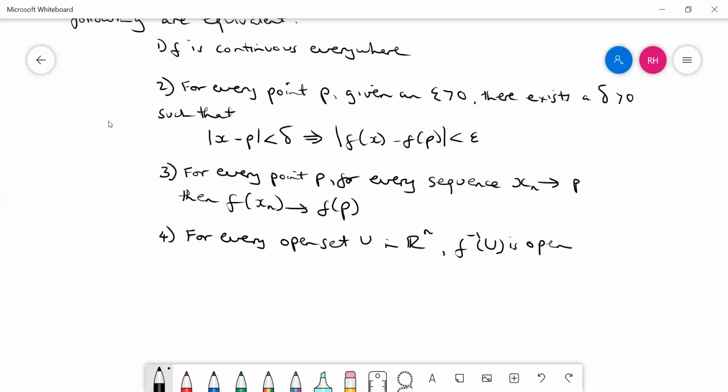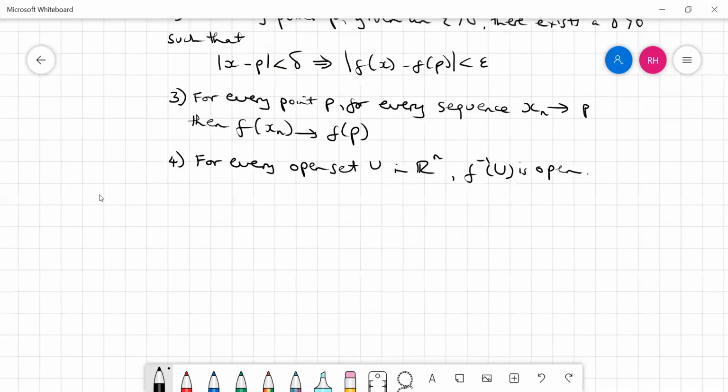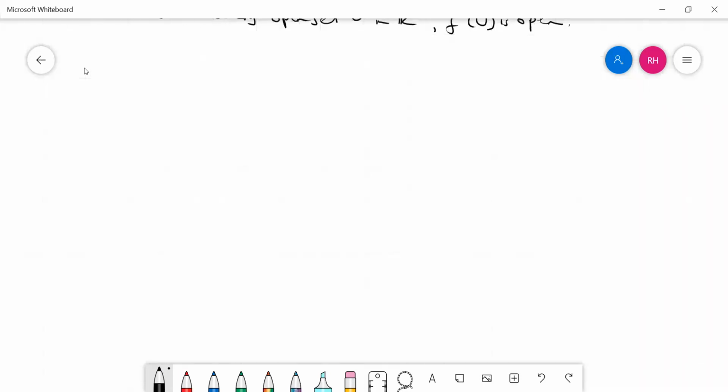Okay, so maybe what we should do now is just draw some diagrams. Okay, let's do that. So one, we said f is continuous everywhere.